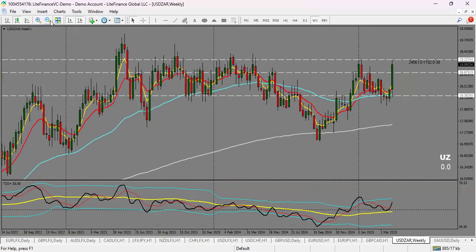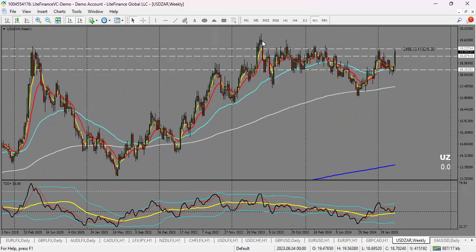So on the weekly time frame, the market simply had this reversal pattern, and we are looking at a bullish market structure here. It needs to break this area of resistance here, and we should be having a long-term bullish market structure after breaking this area of resistance here.